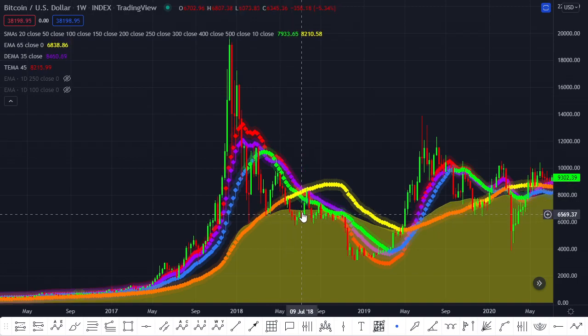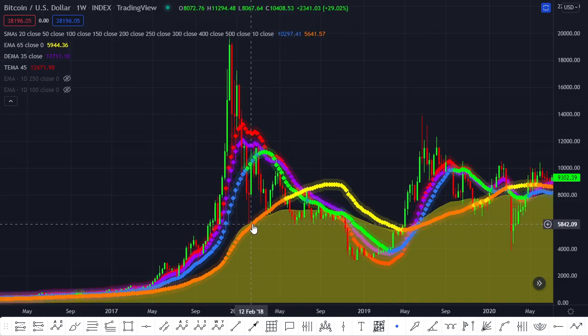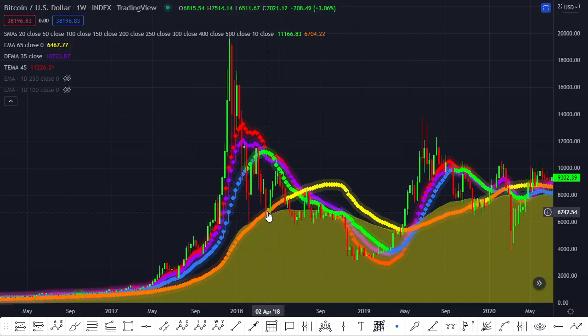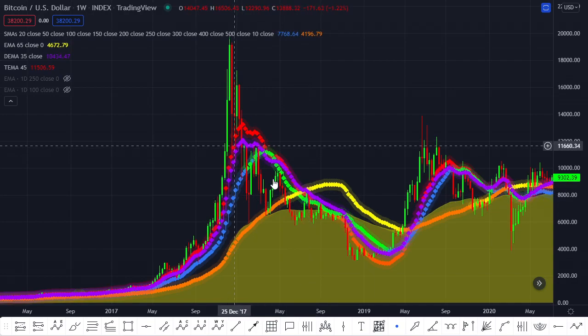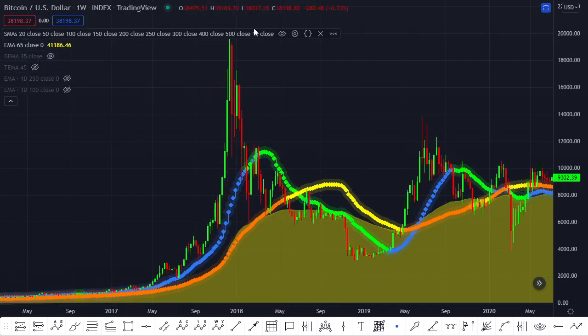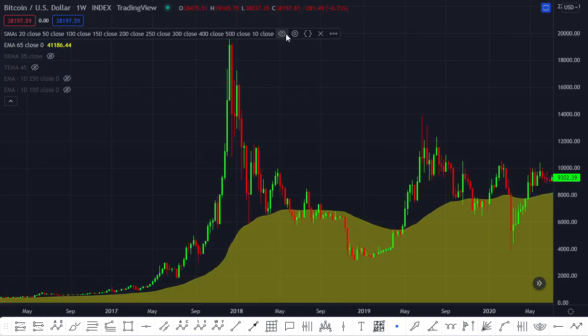Once you start to touch the ocean, this yellow ocean, and once this orange EMA starts to move up and change colors from orange to yellow, the price is below it, as you can see. Let me just show you here. Remove all of these. No, keep this one right there.